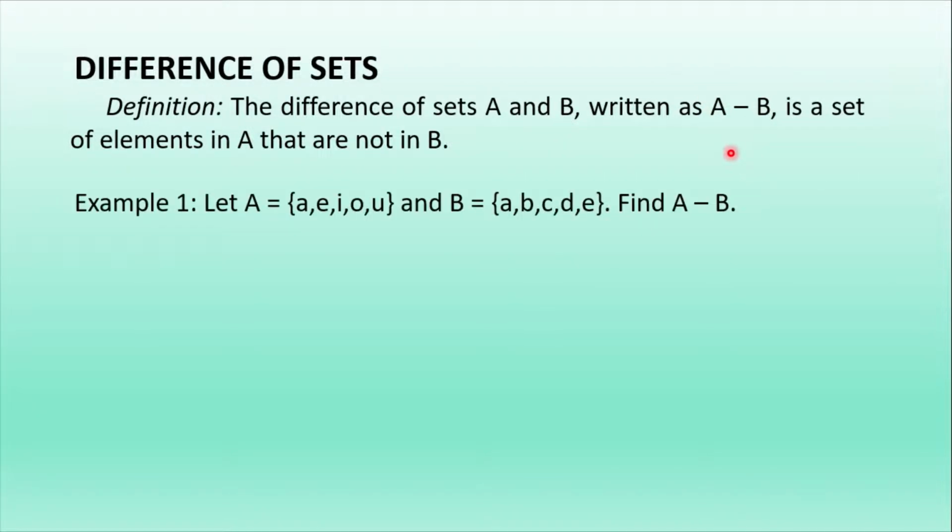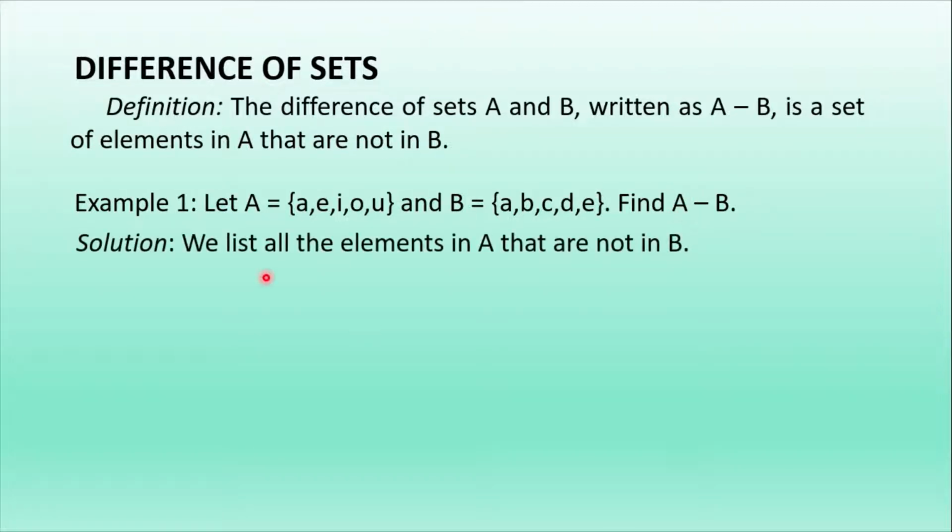Let's have this example. Again, these two sets A and B. Now we have to find A minus B. Remember, the point of reference here is our A. A is what we subtract from. We list all the elements in A that are not in B. What elements are in A that are not in B? To make it easy, what is common to the two?